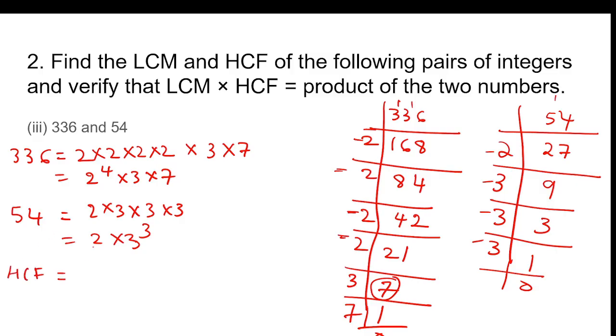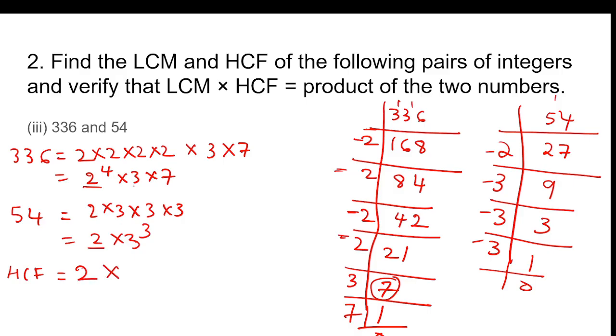HCF means the highest common factor. That means we have to write only the common factors present in both the numbers. Here 2 to the power 4 is there, but here only 2 to the power 1 is there. Which is the common then? 2 to the power 1 is common, which means 2.